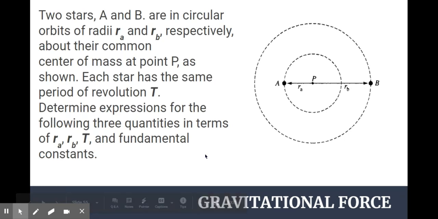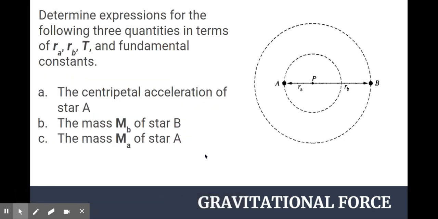First, figure out an expression for the centripetal acceleration of star A. After you figure that out, I want you to determine an expression that tells me the mass of star B. And then I also want you to give me an expression for the mass of star A. Once again, you can only have these variables and constants in there.